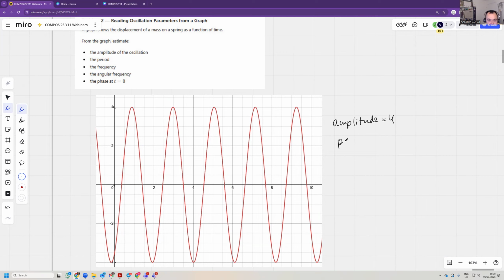The period, well, to find the period, we can go from, well, let's say from here.